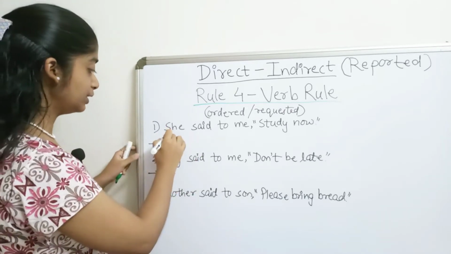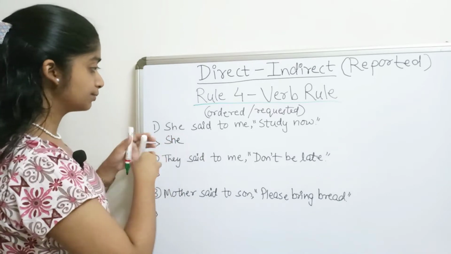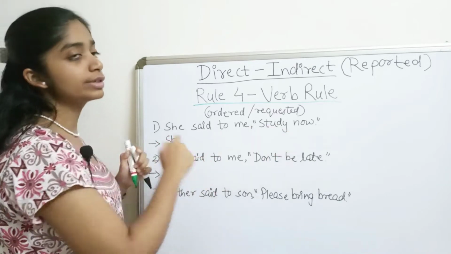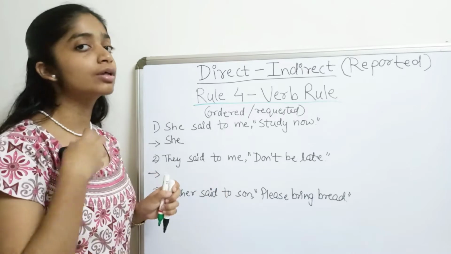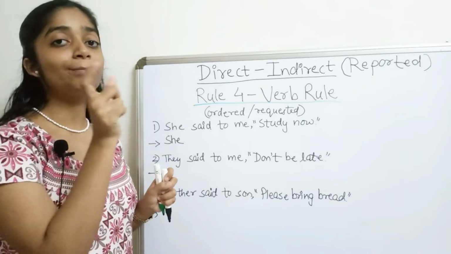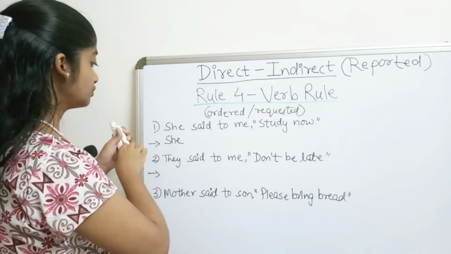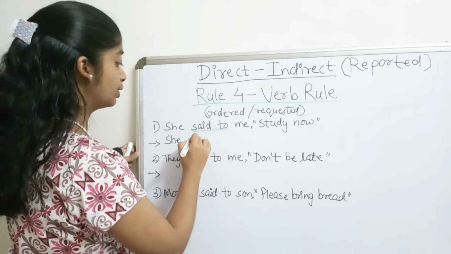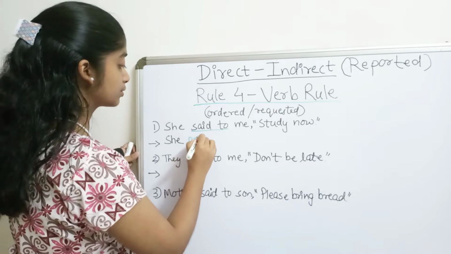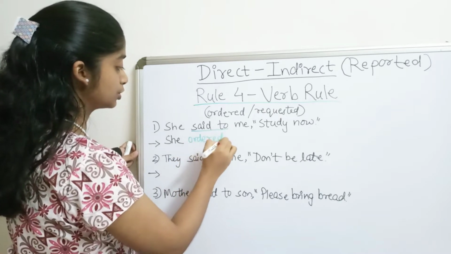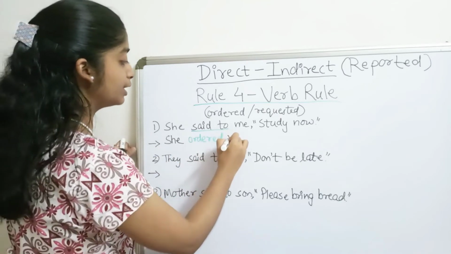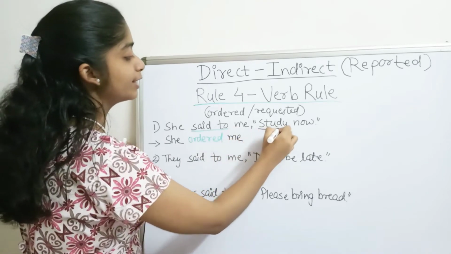Now let us have a look at the first sentence. She said to me, study now. This is an order. We are not using the word please, so it is an order. So, said to will become ordered. She ordered me, study now.